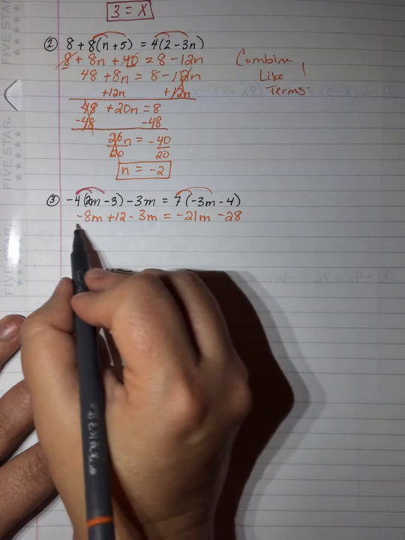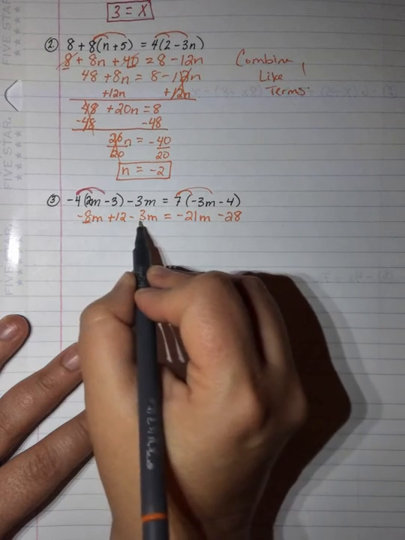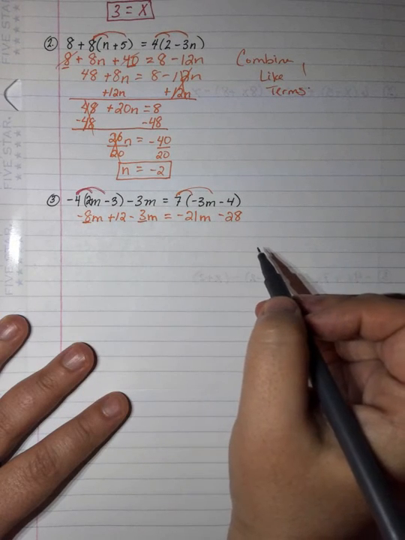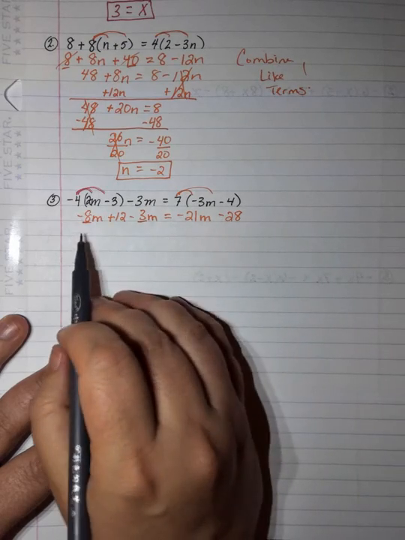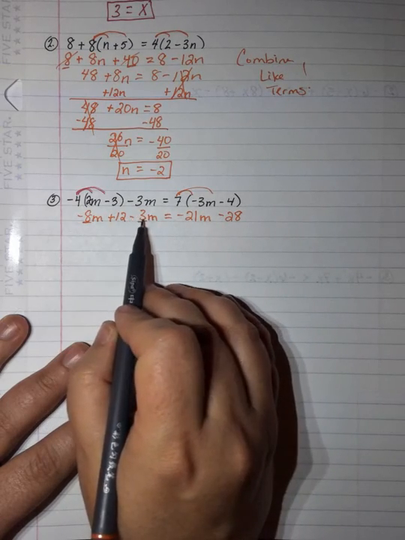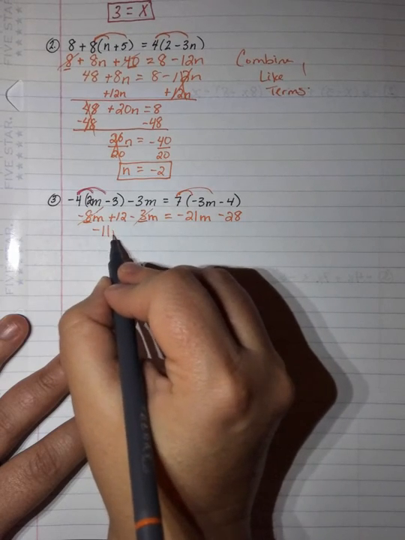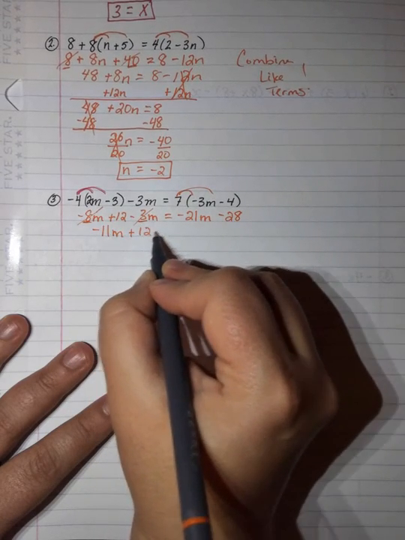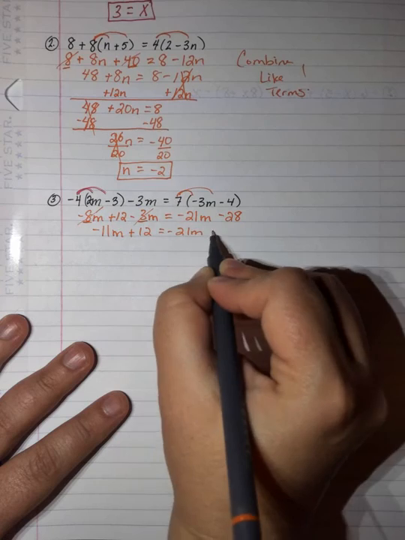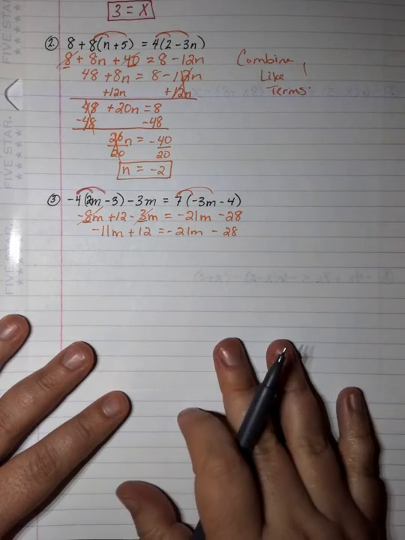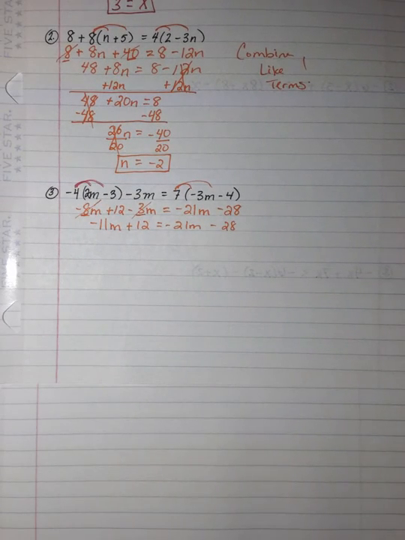Combine like terms. Look on this side. Negative 8m and negative 3m both have an m. They're like terms. So let's do what it says. Negative 8 minus 3 is actually a negative 11m. Then we can pick any number you want to pick. Move whatever you want to move.